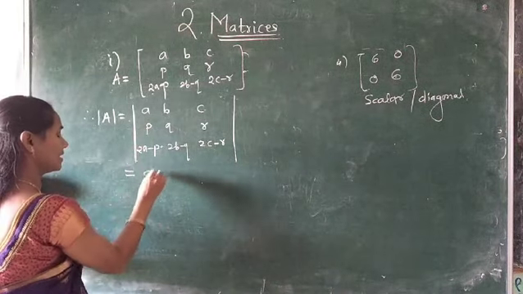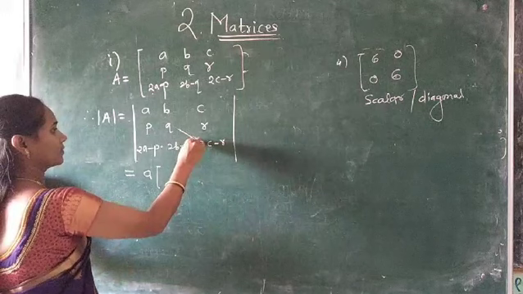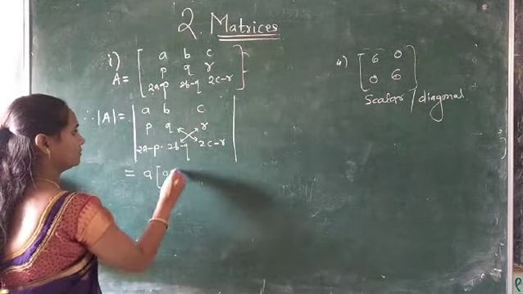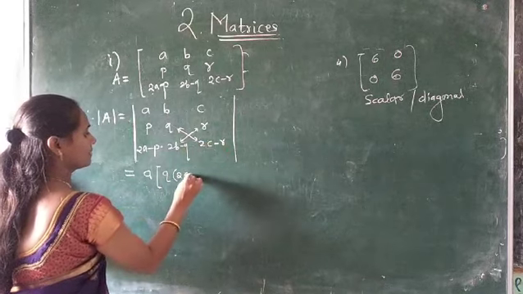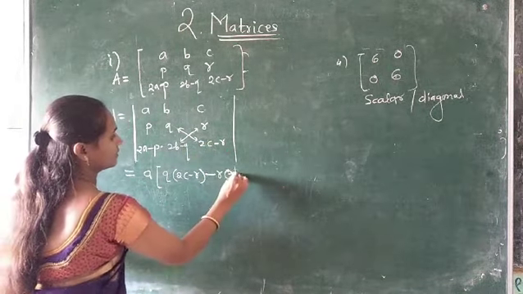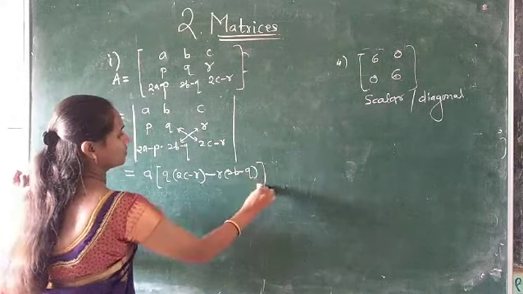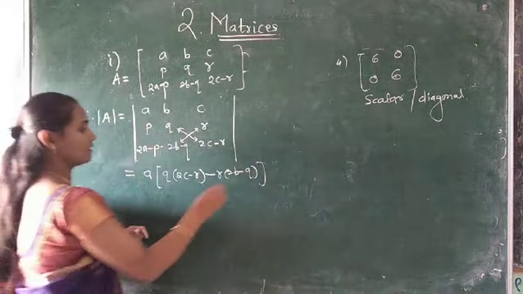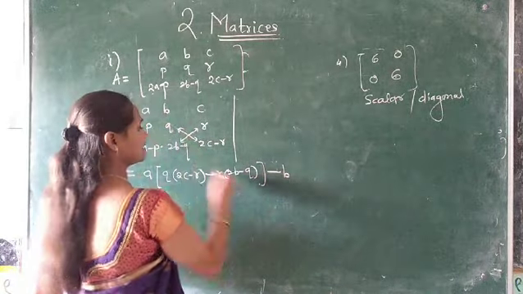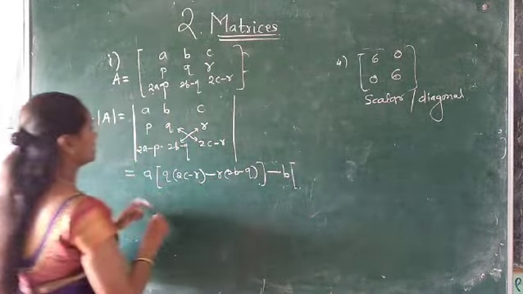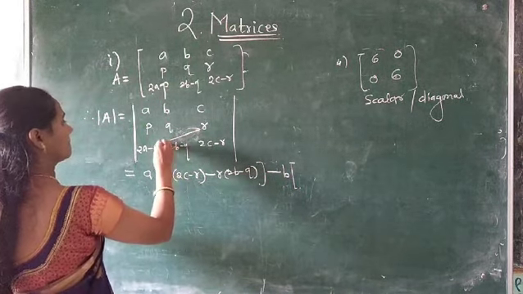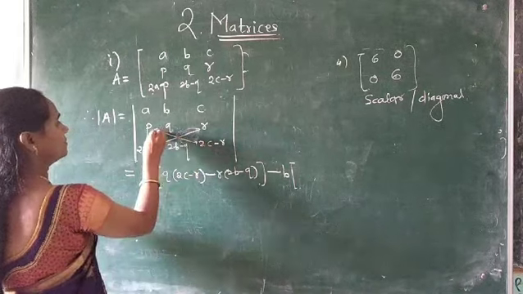So first A into, take the product of these two. So Q into 2C minus R minus R into 2B minus Q. Now for the second, take the minus sign. Remember that the mirror sign is negative, minus B into, now take the product of these two, and P into this.